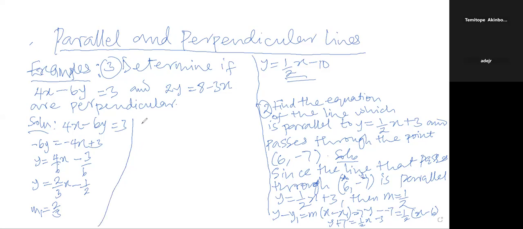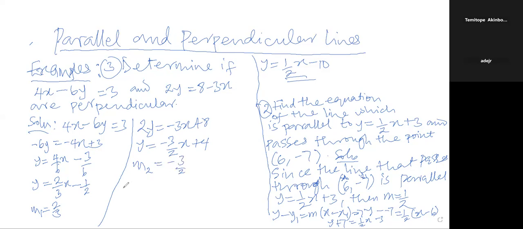Then for the second equation, 2y equals minus 3x plus 8. Just rearranging this. Divide both sides by 2. So you have y equals minus 3 over 2x plus 4. So this implies that m2 is minus 3 over 2.